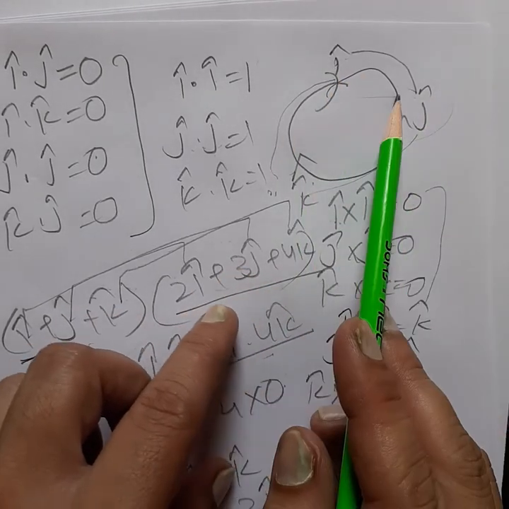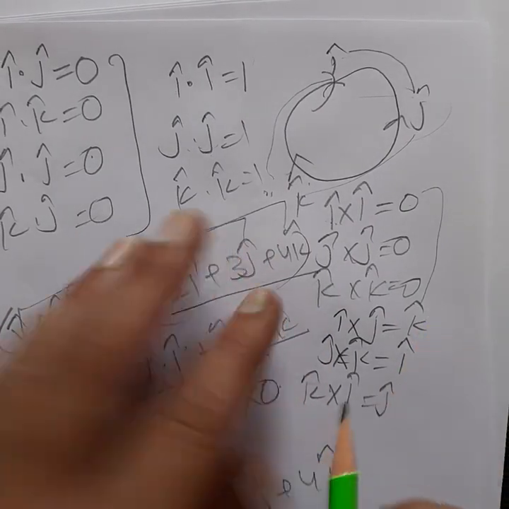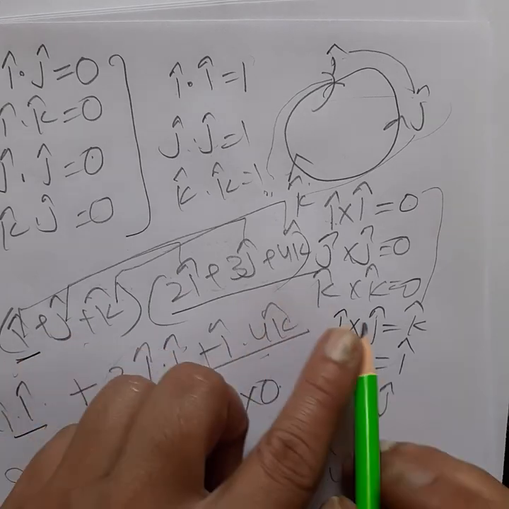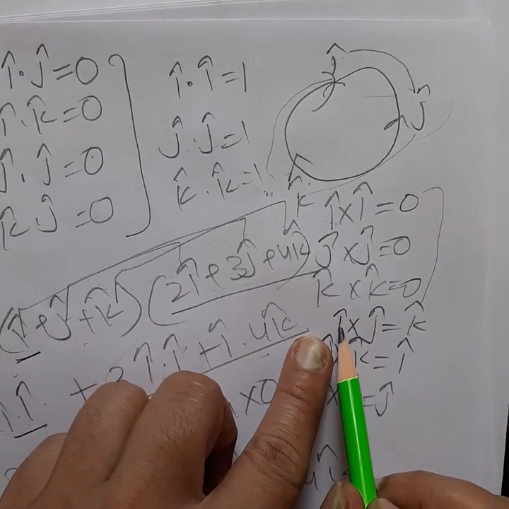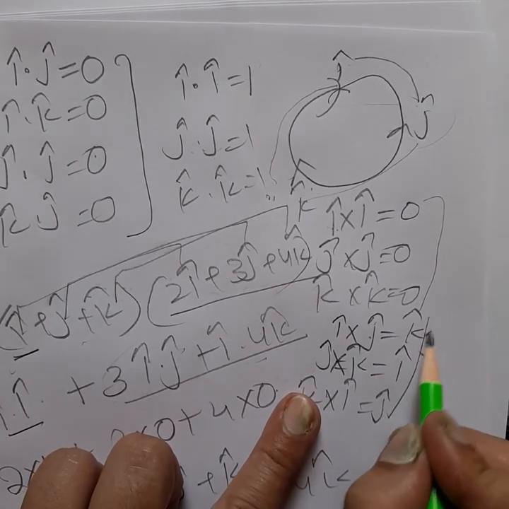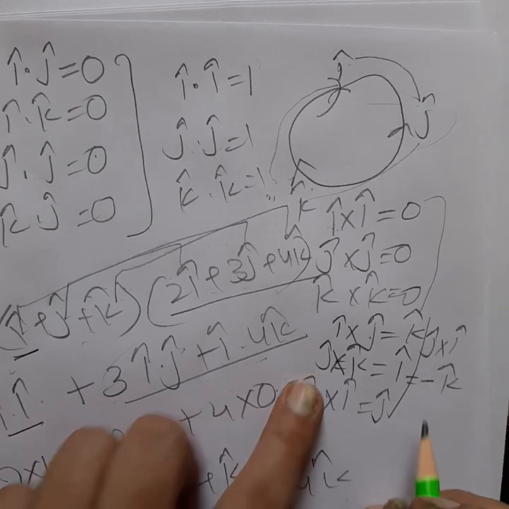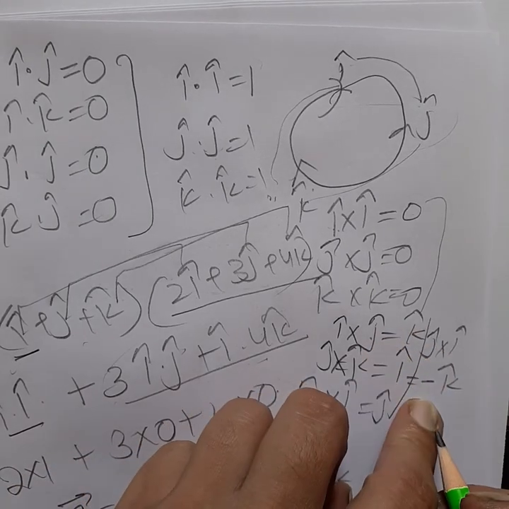And if you go in the anti-clockwise direction, meaning the direction is opposite, for example j cross i, then in place of k you write minus k.